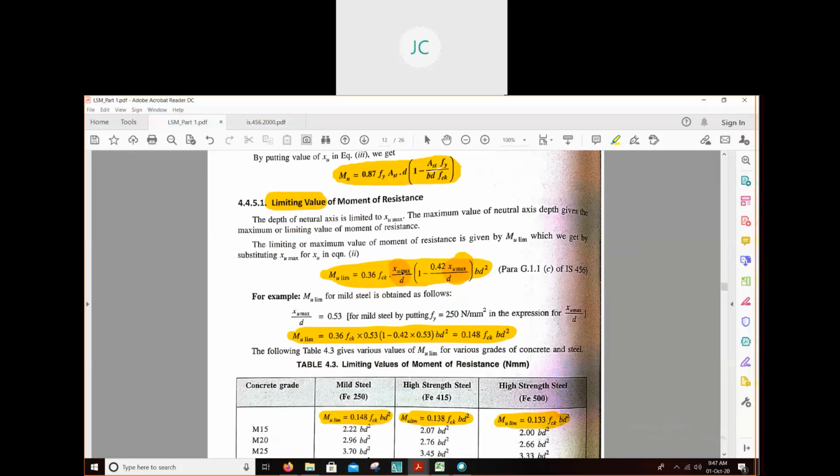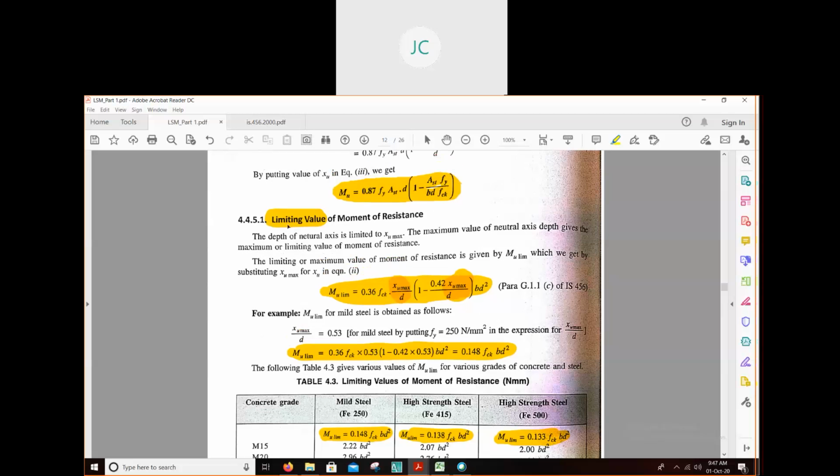Okay, so now, in the last class, I showed you different values of XU max by D for different grades of steel. If you go to clause number 38.1, we have got the equation for the limiting value of moment of resistance.